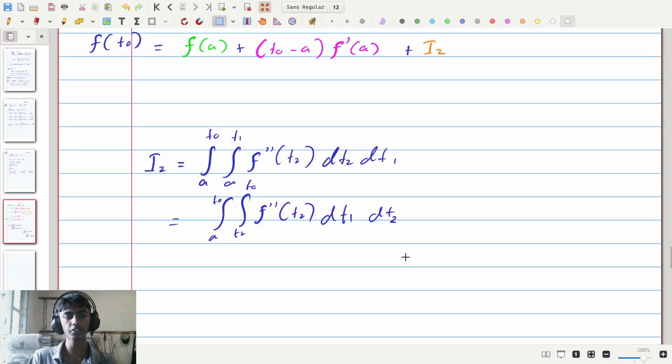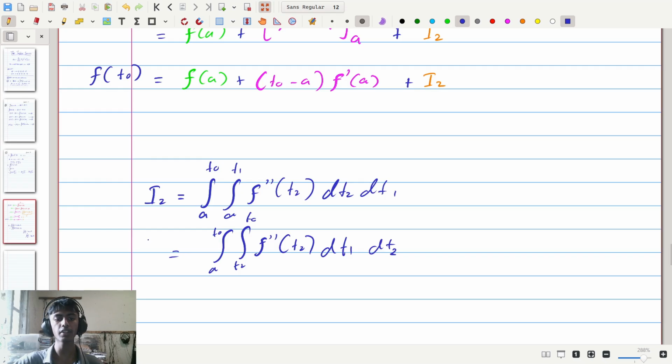Now then, erasing the scratch work, let's solve this integral. What we have is the integral of t2 changing from a to t0 of the integral of t1 changing from t2 to t0 of f double prime of t2. Since f double prime of t2 is a constant relative to t1, we can actually take it out of the first integral. Doing that, we have the integral from a to t0 as t2 changes of f double prime of t2 times the integral from t2 to t0 of dt1.